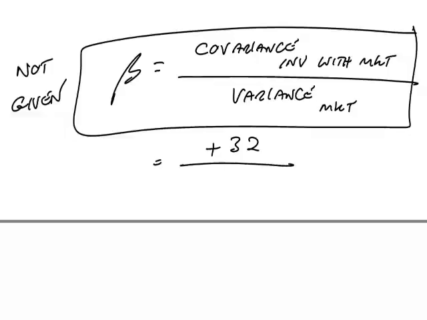Well, it says the market's giving 16% with a variance of 25. Well, arithmetically, 32 over 25 is 1.28. Now, as I said, really, to waste time there would be wasting time. You all see arithmetically.